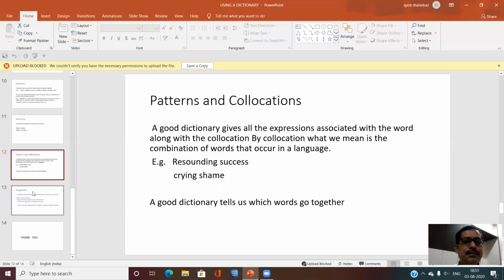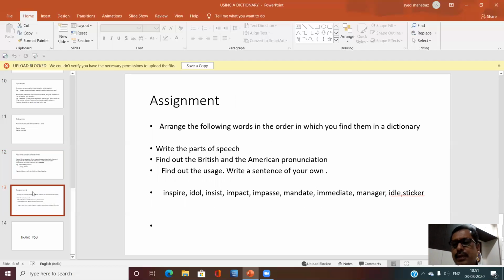Next comes the assignment. In this assignment, you have to complete this work. Some words are given. The words are inspire, idle, insist, impact, impose, mandate, immediate, manager, idle, sticker.